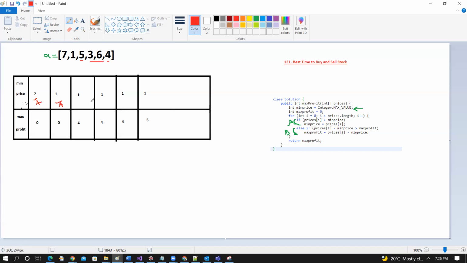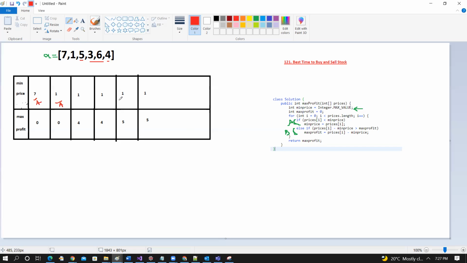So condition A is never going to fire again. That's why you can see the minimum price stays 1 all the way down, because the value doesn't change. There is no need to redefine our minimum price.